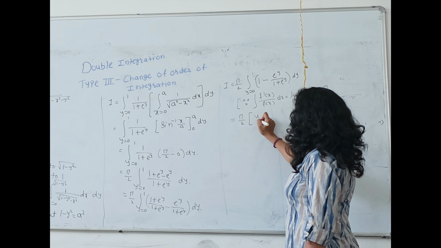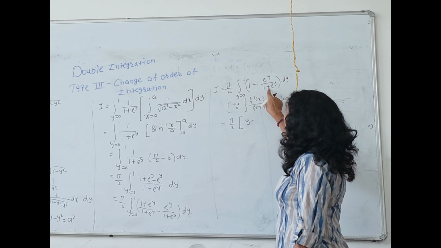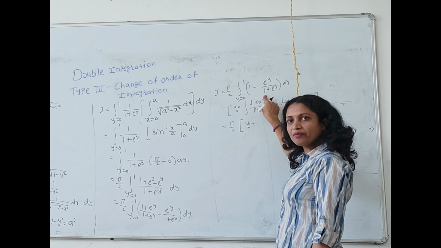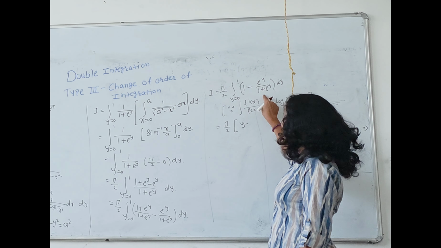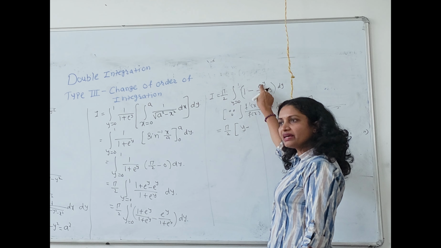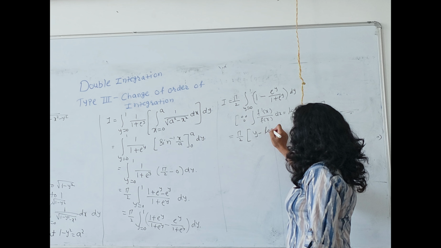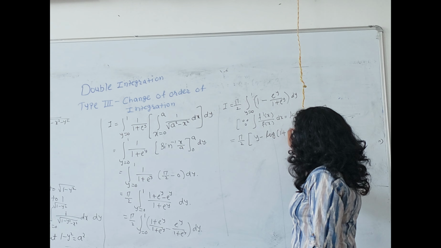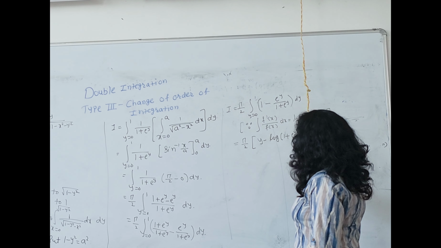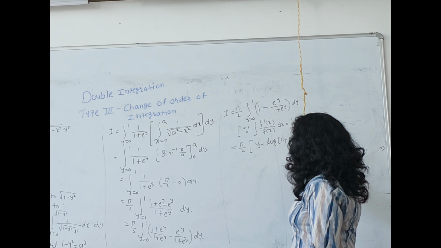Y. And f dash upon f: because this is f of x, if you are taking its derivative, it will be e raised to y. So f dash x upon f of x is log of f of x. So it will be log of 1 plus e raised to y. Limits are from 0 to 1.